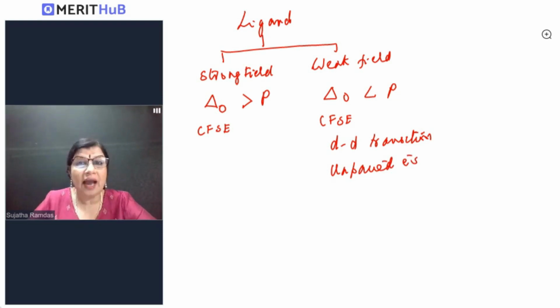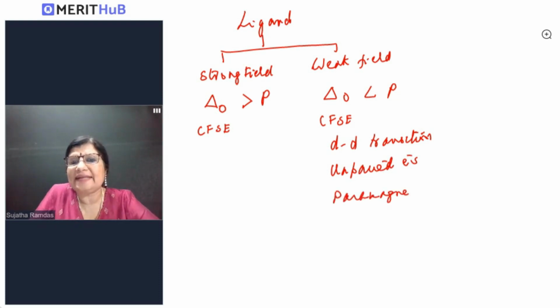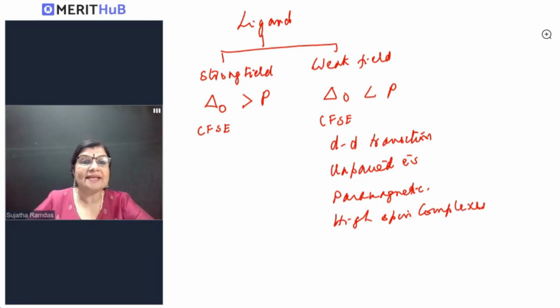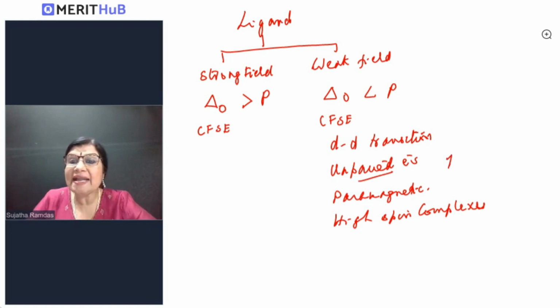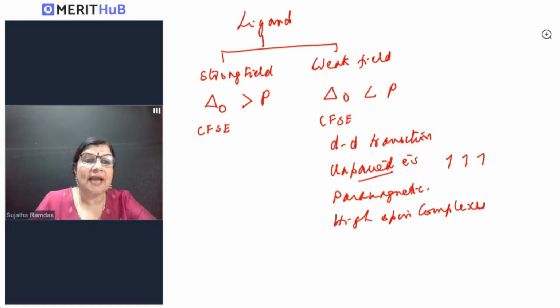When there are unpaired electrons, the magnetic behavior is normally paramagnetic, and these normally produce high spin complexes. So paramagnetic implies the presence of many unpaired electrons, and you add up the spins of all the unpaired electrons, resulting in high spin complexes.